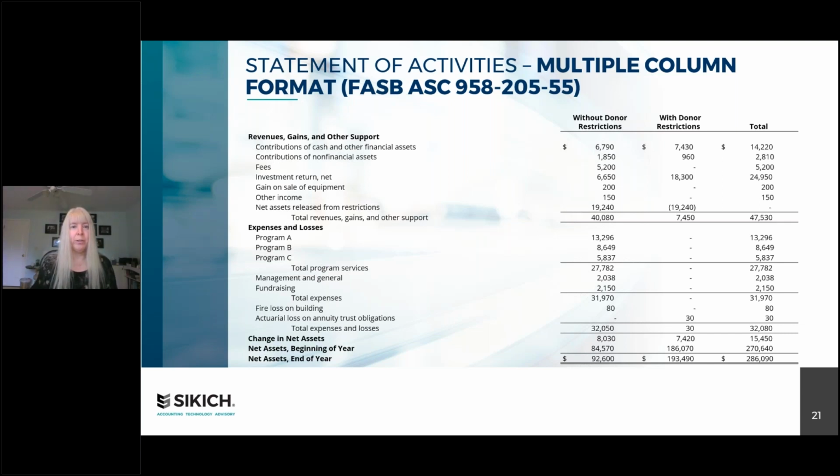Where we get into trouble is the other format that's available, which is to list a single column, and you'd have all of your activities without donor restrictions first in a subtotal, and then all of your activities with donor restrictions following that in a subtotal. When the net assets released from restrictions aren't being presented in that same line, it's easier to make an error where they don't net to zero. So I just wanted to point that out while we're looking at this example.